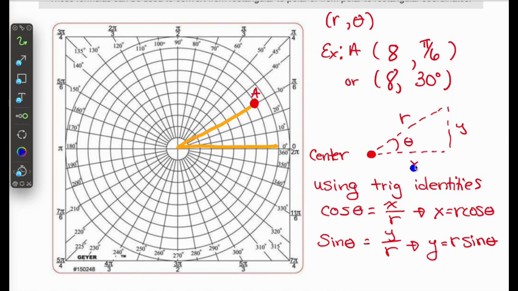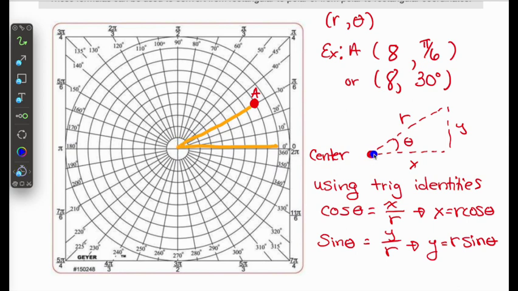Now, if we want to find a relationship between x, y, r, and theta so that we can translate back and forth between Cartesian xy points and polar coordinates, we're going to use trig identities. So this is the center of the graph. This would be like this point right here.